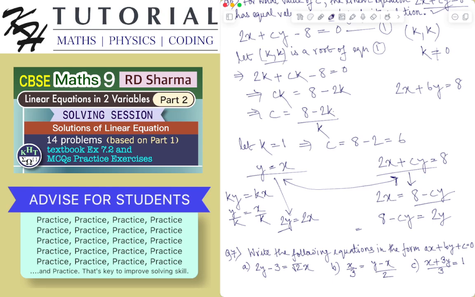If I consider this equation, if I take y equals 1, that will imply c will be equal to 6. Then the equation will become 2x plus 6y equals 8.